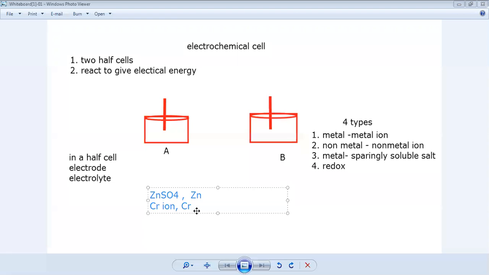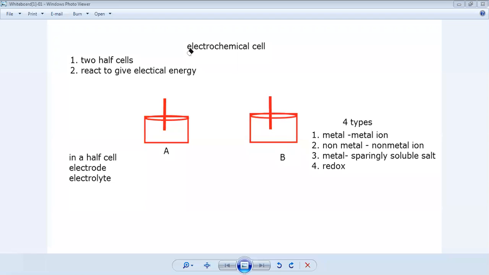The ones which have a solid rod, we can use to construct this type of metal metal ion electrode. Is it clear?